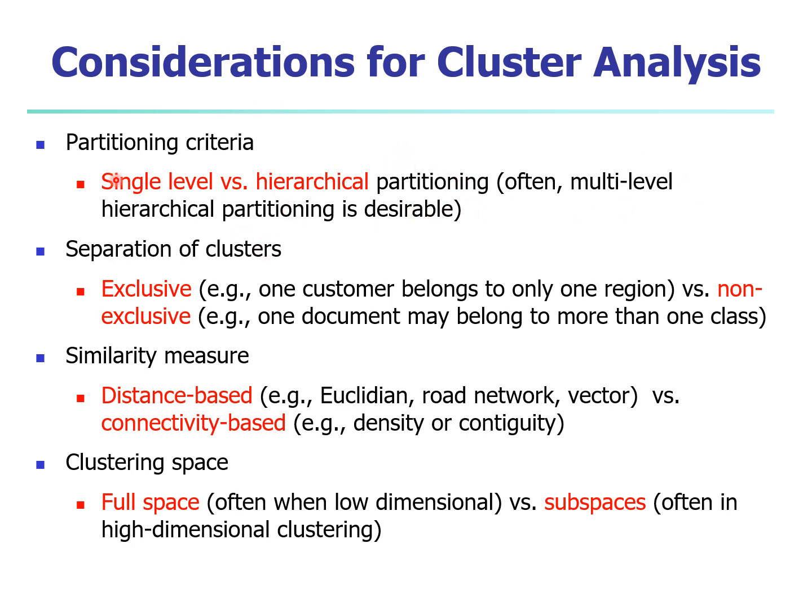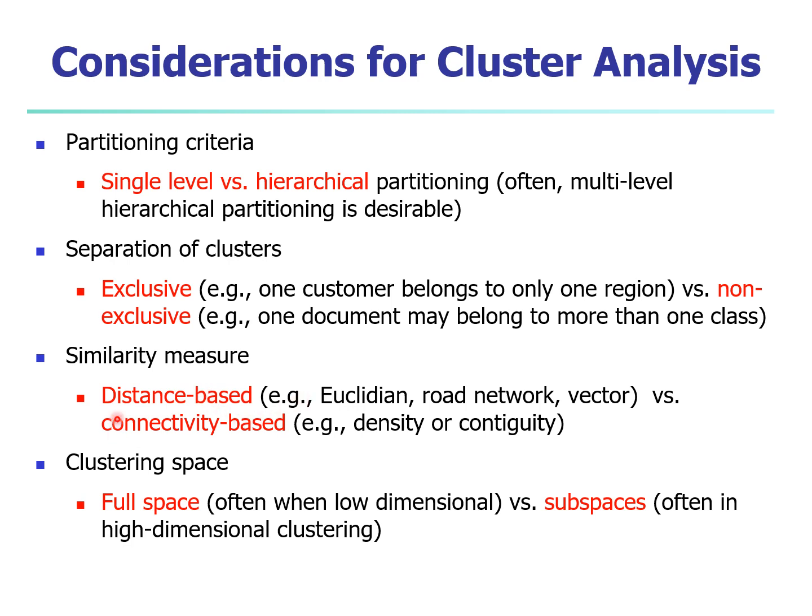Do we have multi-level hierarchical partitioning, or single level partitioning? Also, the separation of clusters: is it exclusive or non-exclusive? Exclusive separation means that, for instance, one object belongs only to one cluster. It cannot belong to multiple clusters. Or non-exclusive, meaning that it can belong to multiple clusters or classes.